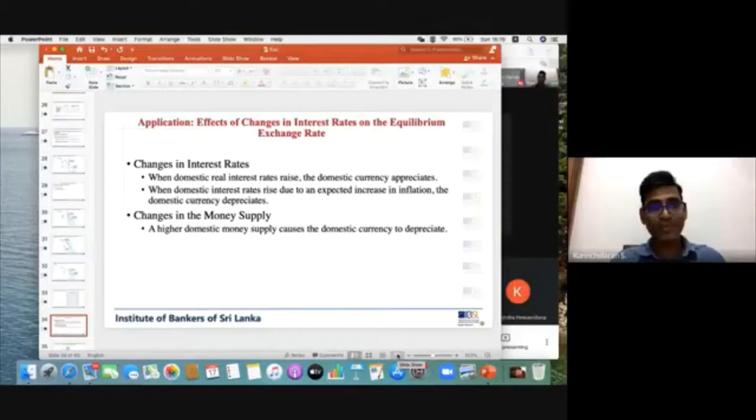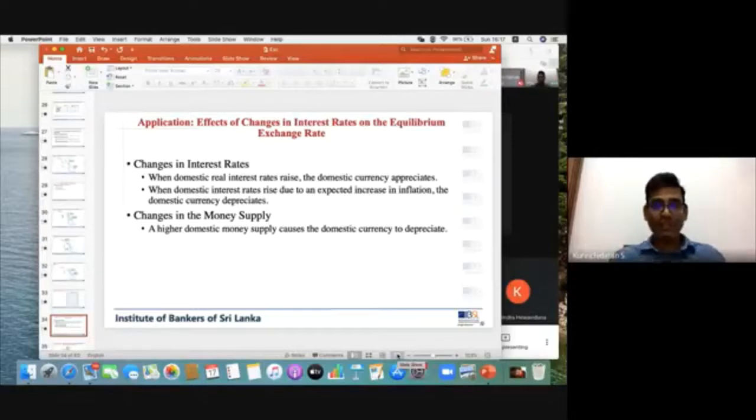But a higher domestic money supply causes the domestic currency to depreciate. Just keep that in mind. We can discuss in detail if we have further time. You have to keep in mind that when the money supply also changes, up to now, we didn't allow that to happen.